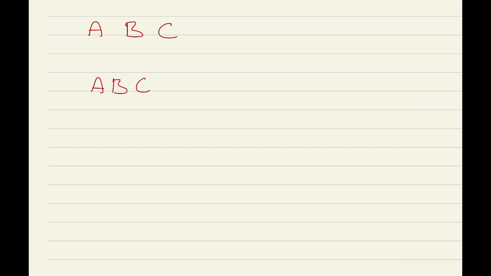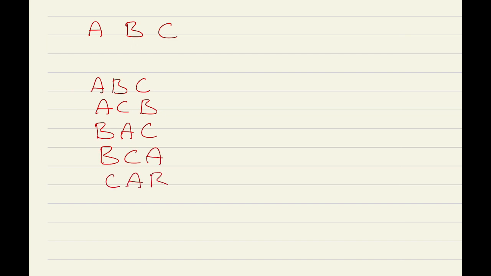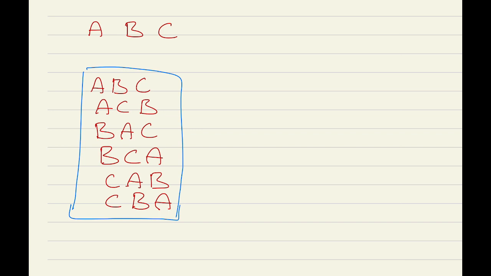A, B, C, then another one is A, C, B, then B, A, C, then B, C, A, and the next one is C, A, B, C, B, A. That is, if 3 characters A, B, C are given, then these are the possible permutations we need to print.